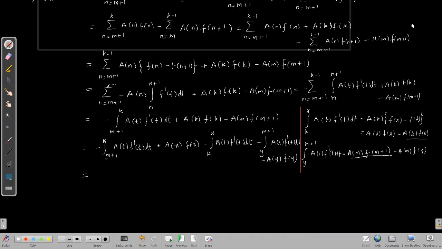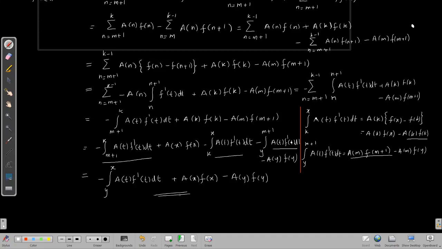Then this is equal to, if we combine these three integrals, y to m plus 1, m plus 1 to k, and k to x, that will be minus the integral from y to x of a of t f dash t dt, plus a of x f of x minus a of y f of y.